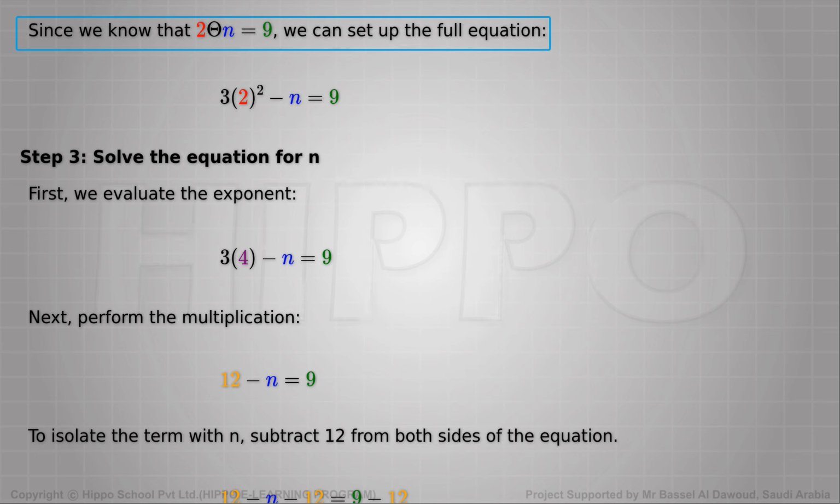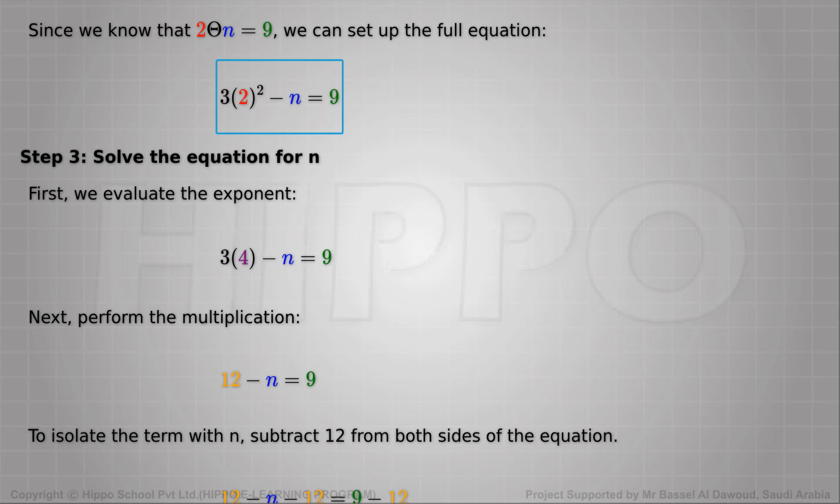We also know from the problem that 2 theta n is equal to 9. Since both of these things are equal to 2 theta n, they must be equal to each other. This allows us to write the full equation you see on the screen. 3 times 2 squared minus n equals 9. Now it's just a simple algebra problem.